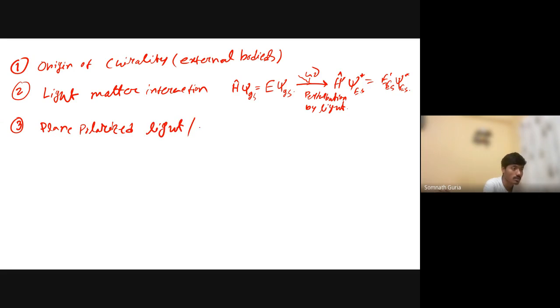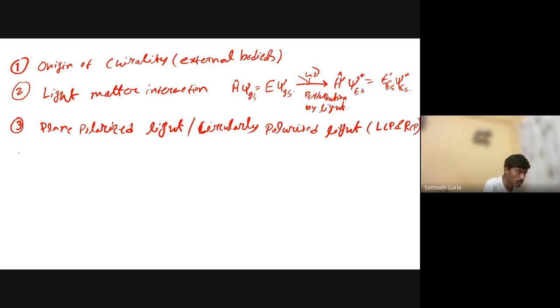Furthermore, you can call it circularly polarized light, which is LCP and RCP. Okay.